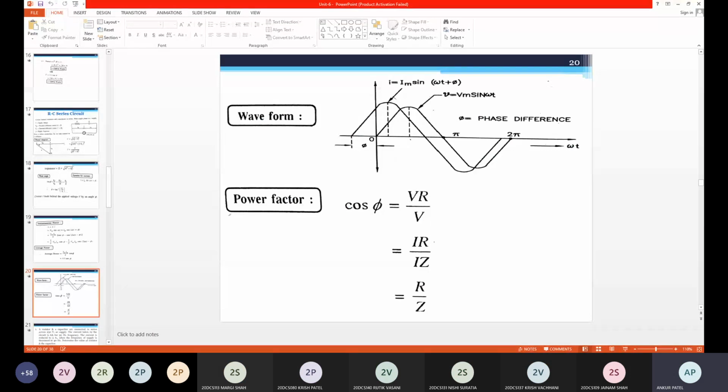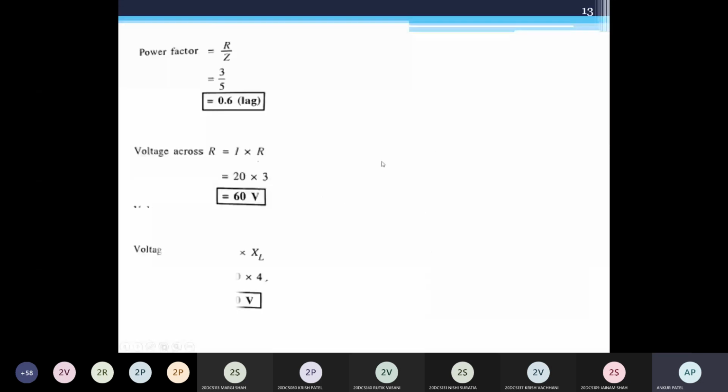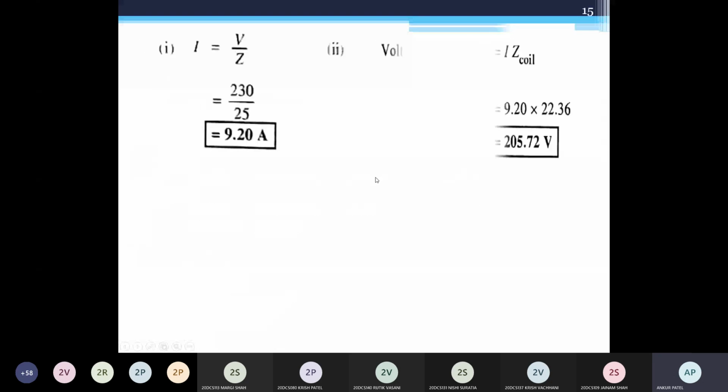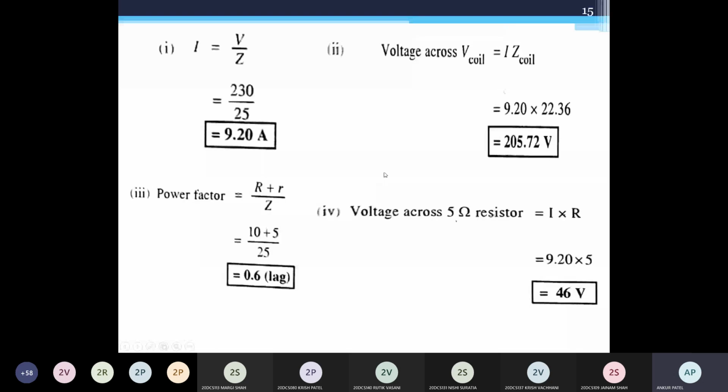Now we have some examples of the RC series circuit. The same procedure applies here; we just need to change some equations. Instead of XL, you replace it by XC. If you want to find capacitance, you can use XC equal to 1 upon omega C.